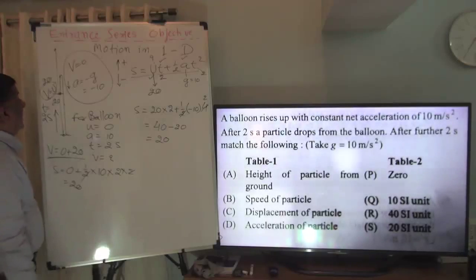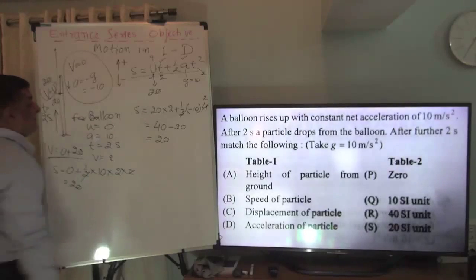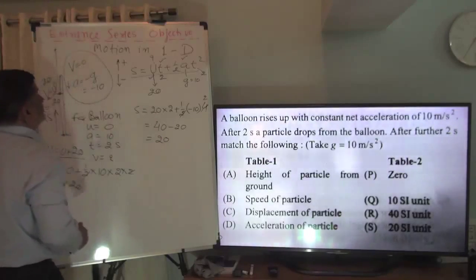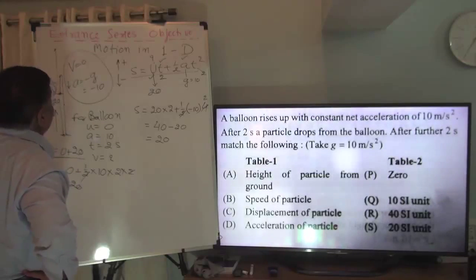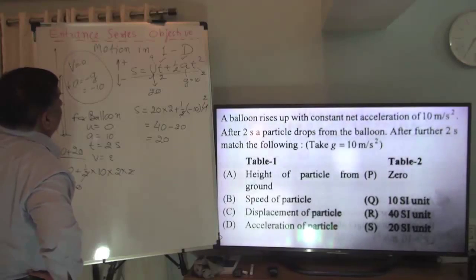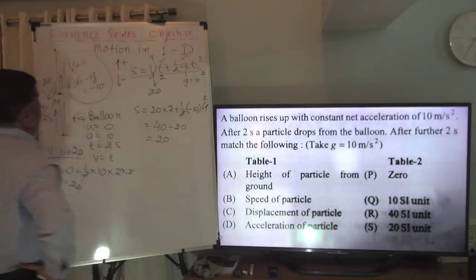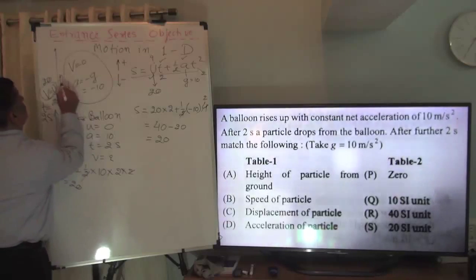If S is 20, plus or minus, the answer is plus. Its initial velocity was 20. S is equal to ut plus half a t square, so S is equal to 20. So this is plus 20.